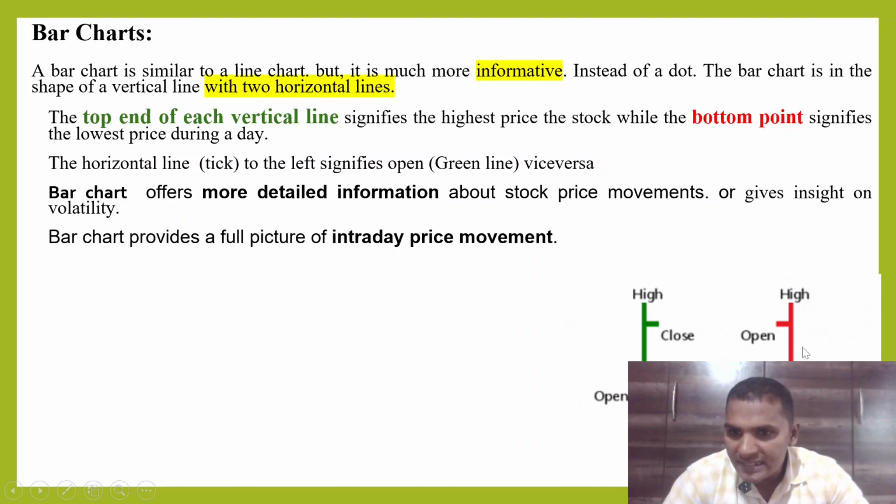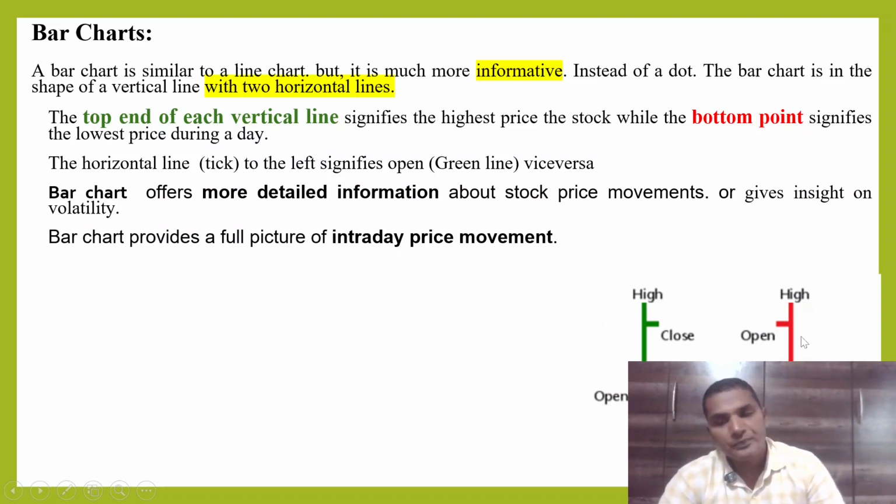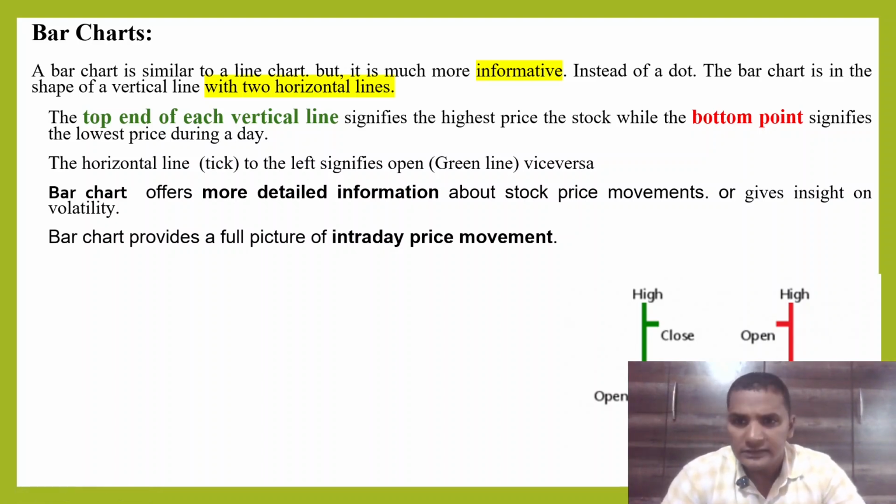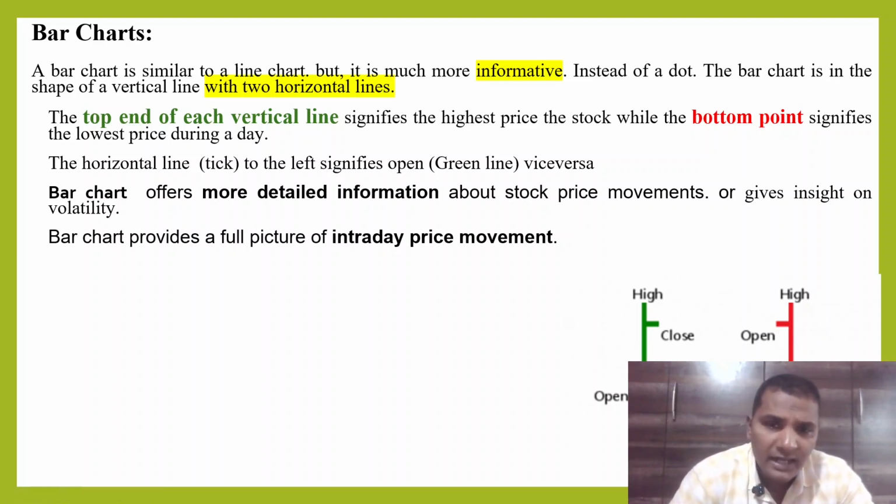It means the price has decreased from 100 to 60. So this is represented by the red color. Therefore the bar chart gives more information as compared to the line chart.